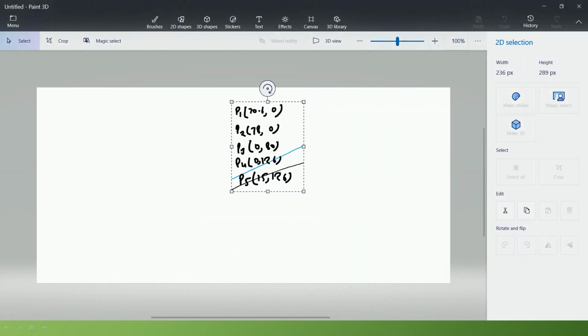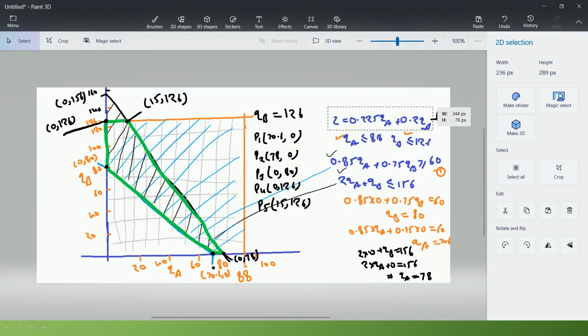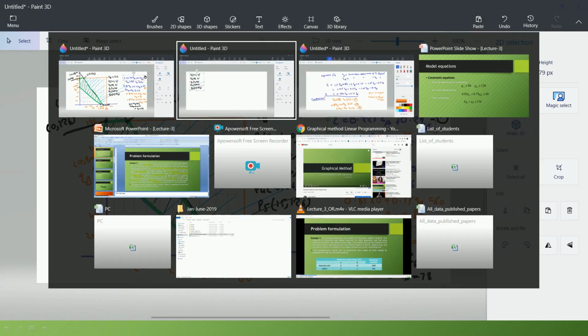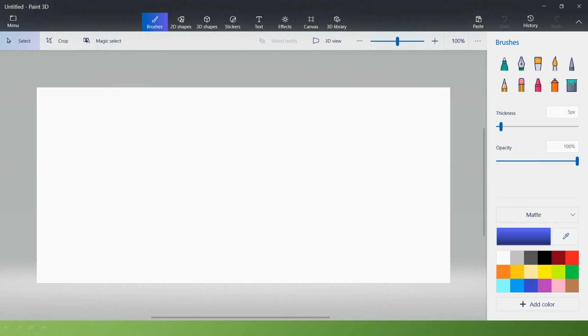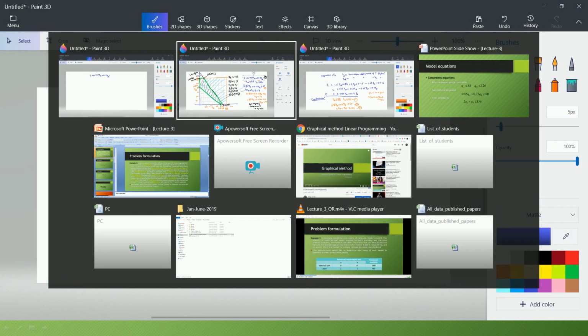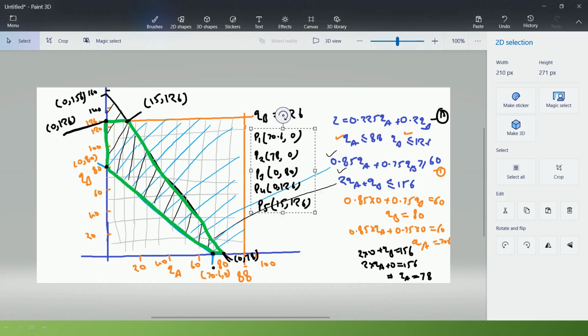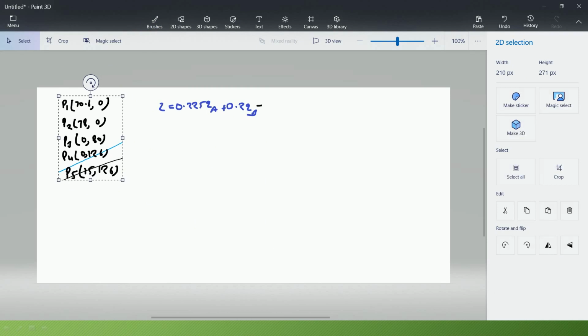Okay, so these are 5 points, and copy our objective function and paste it here. I haven't clicked, so this Control C, Control V, these are 5 points. Okay.